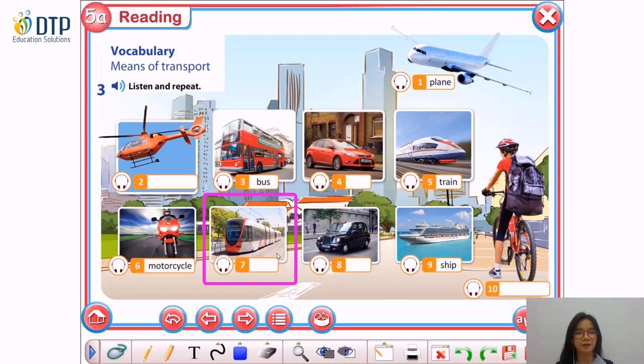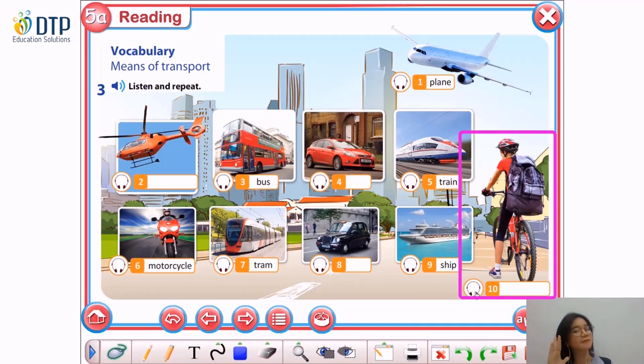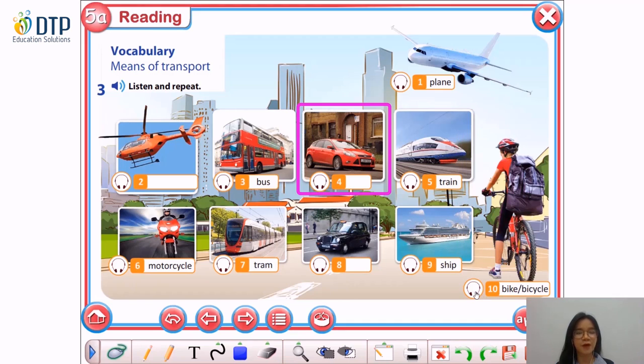Picture 7. What is your answer? Tram, that's right. Picture 10. Can you tell me the word for picture 10? Bike, bicycle, excellent.